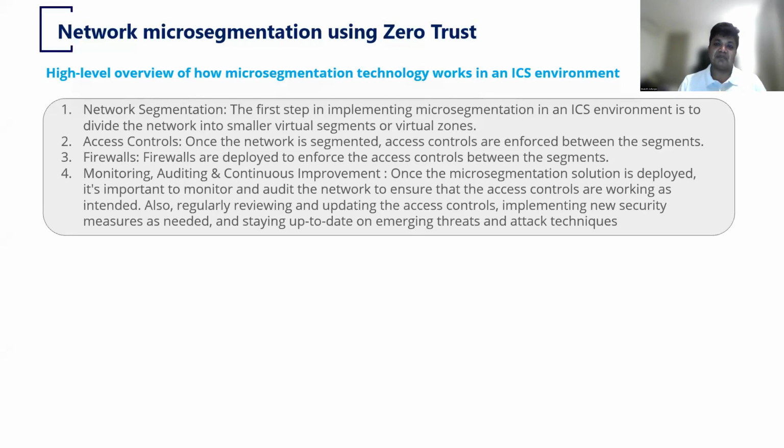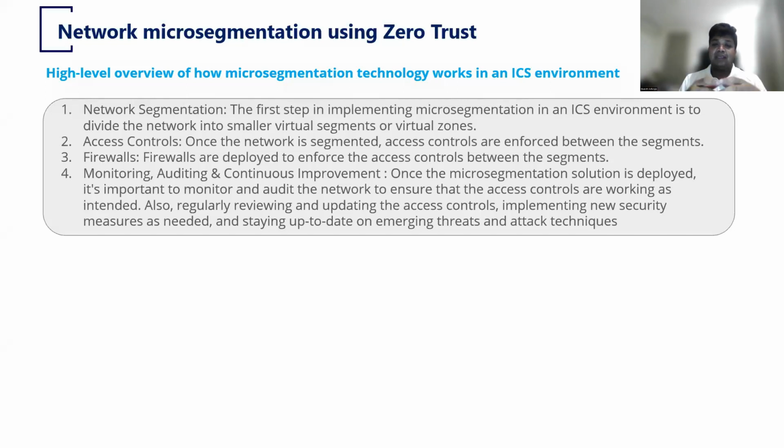The first step of implementing microsegmentation in an ICS environment is to divide the physical network into smaller virtual segments or virtual zones, and then have an access control policy. Once the network is segmented, you know what the conduits are that need to be built between the network segments, and what the specific types of users are.